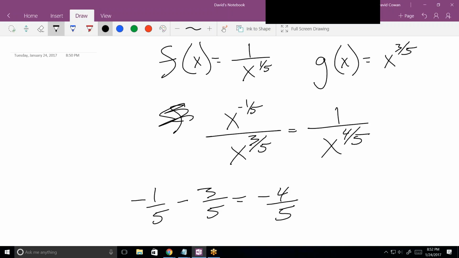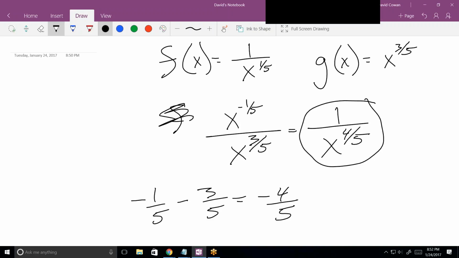The domain. I'm trying to find a problem where the domain of the final answer is not the domain of the original functions. In other words, here are the rules. First of all, the domain of this, the final answer, is what? Everything except 0. The first rule of math is you cannot divide by 0. So I can do everything else.